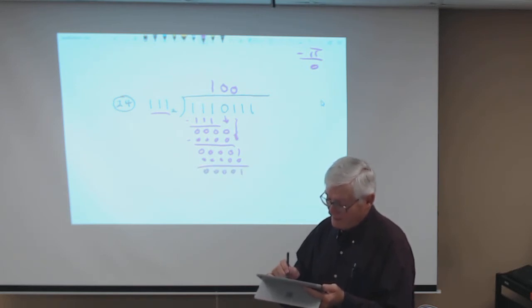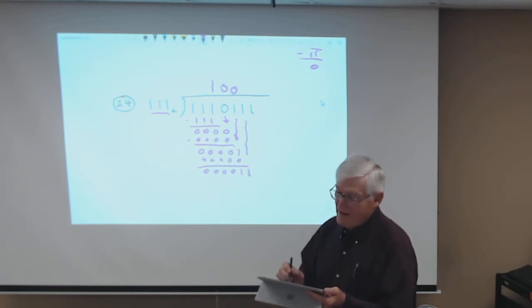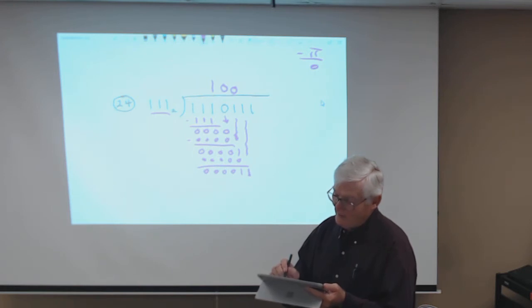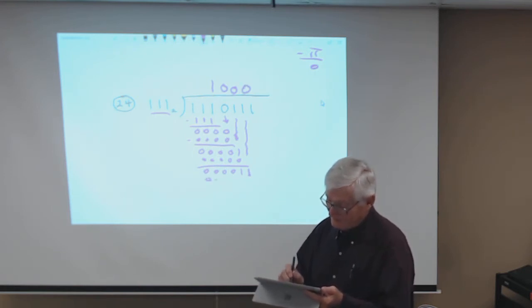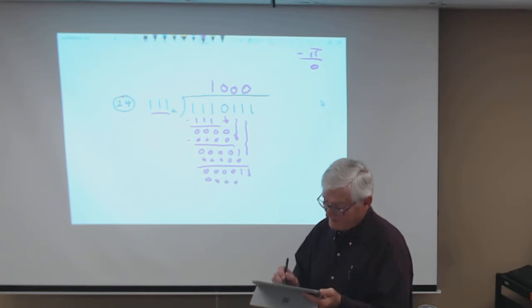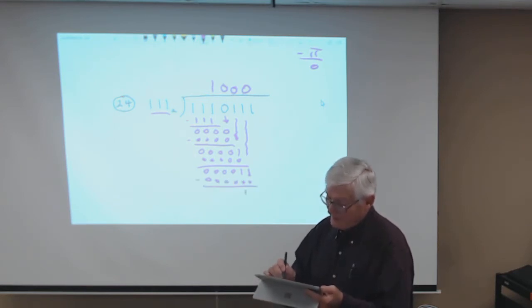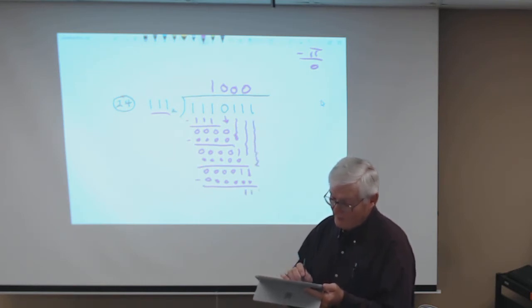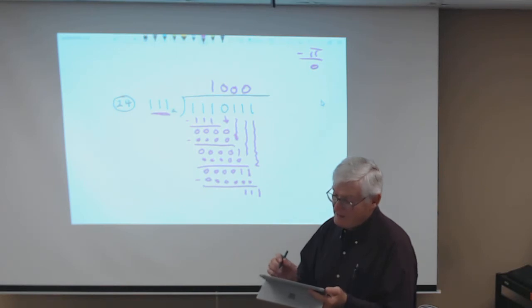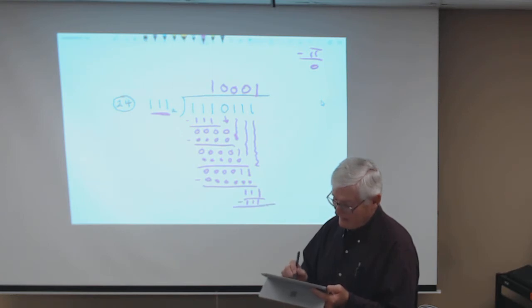Bring down another one. What's 111 into 11? 0. Another row of zeros. Subtract. 1, 1. Bring down the last one. What's 111 into 111? 1. 1, 1, 1. Draw a line, subtract, no remainder.